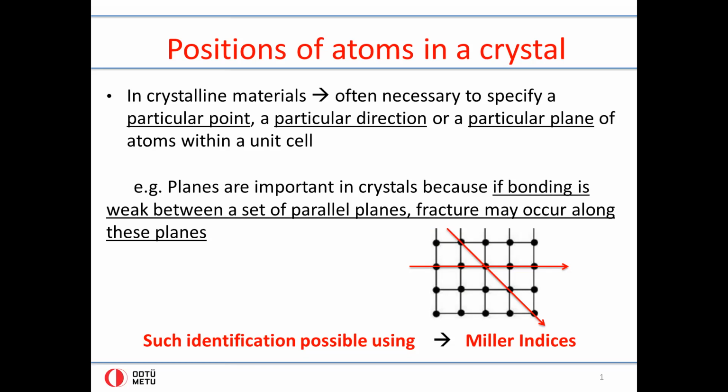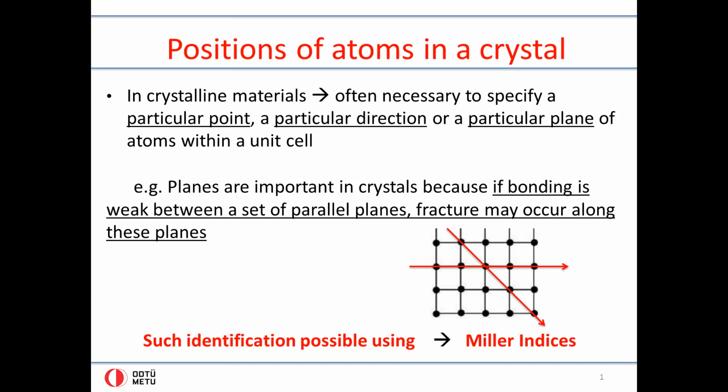So to, for example, discuss the difference between an atom at the corner of the unit cell or at the center of the unit cell, you could use terms like corner or center, but you could also use some numbers, some indices, to distinguish between these two atoms.